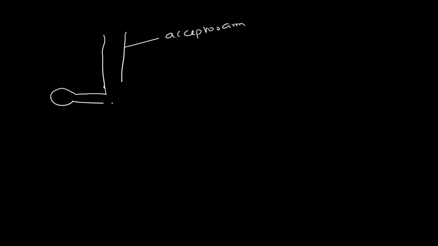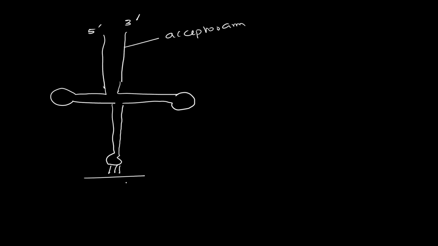For example, if I take a tRNA molecule back again, there is the acceptor arm, then there's the D loop, the anticodon, and the T loop. Right. Now, what does the anticodon do? The anticodon will bind complementary to the codon.